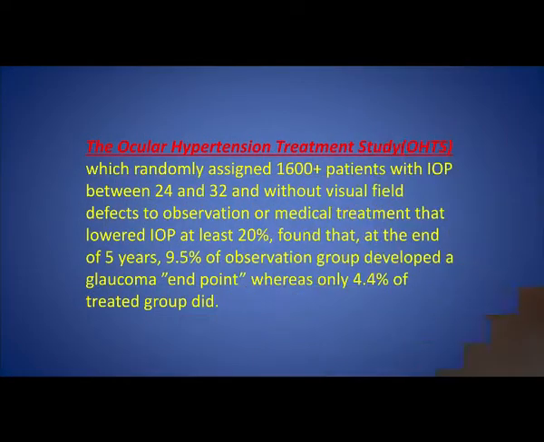The Ocular Hypertension Treatment Study, OHTS, found that at the end of 5 years, 9.5% of the observation group developed a glaucoma endpoint, whereas only 4.4% of the treated group did. This creates a dilemma about what to do with this individual who is at increased risk for developing primary open-angle glaucoma.